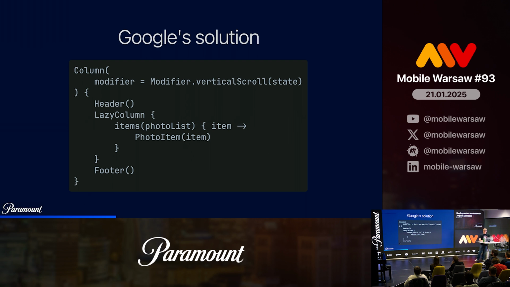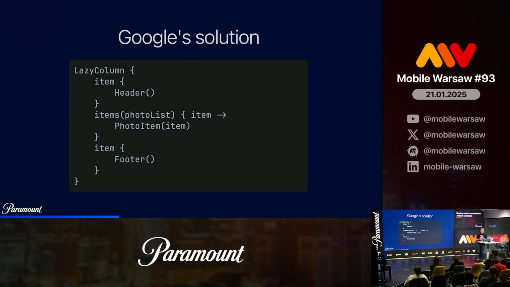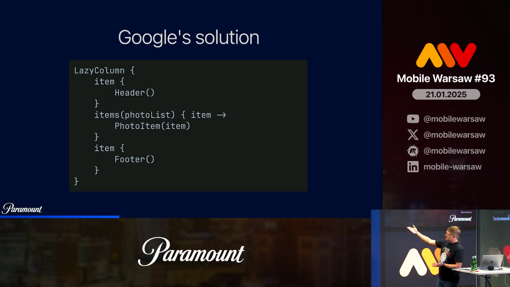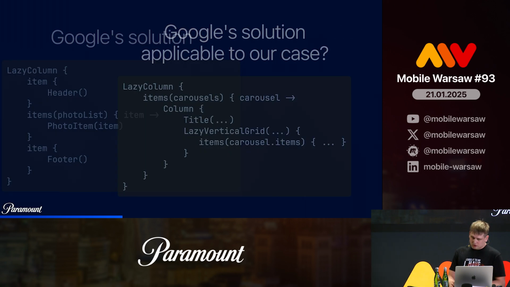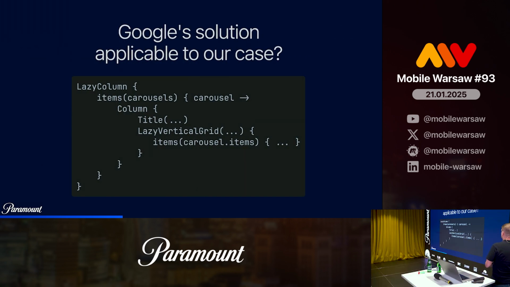So instead of having a column inside of a lazy column inside of a column, let's try to have a single lazy column, where the first item is a header, then we have the actual items that were before in our lazy column, and then we have an item which is a footer. Well, it makes sense. Okay, right, why not? But does it apply to our situation? So here is an attempt of something that we wrote before.